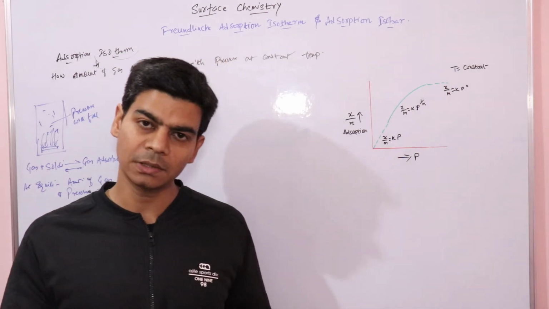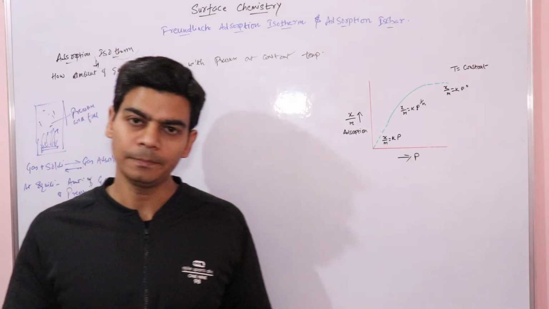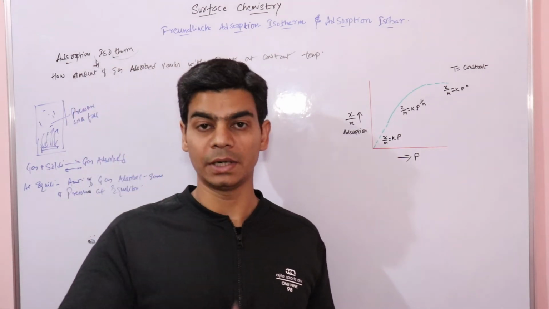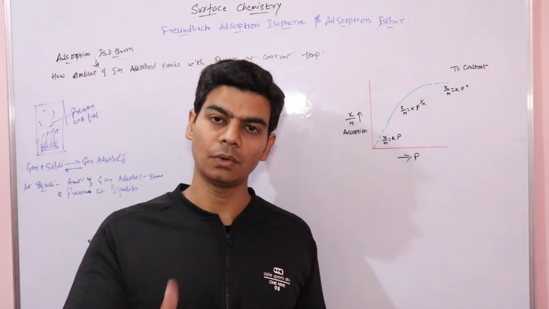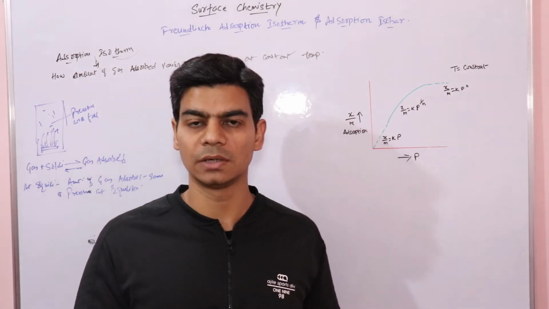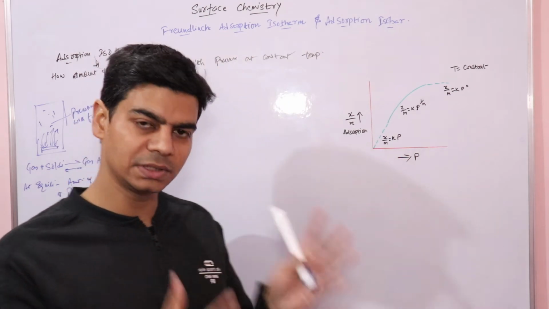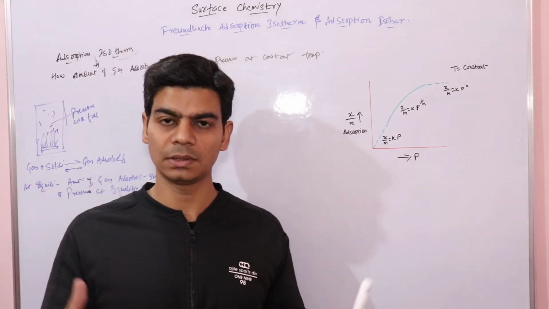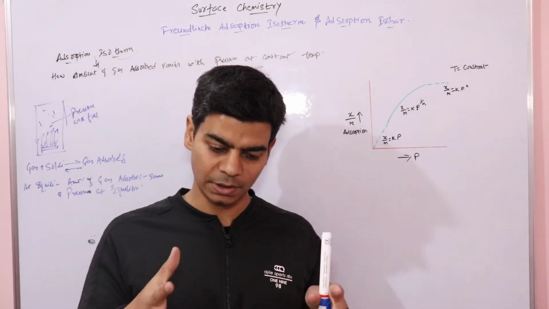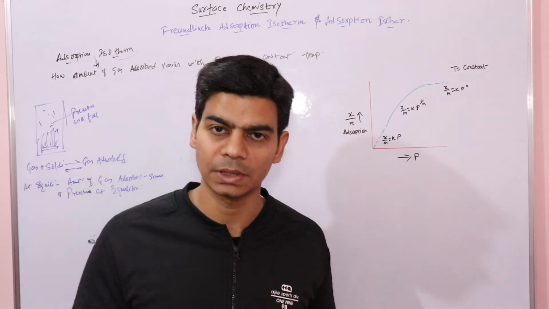And what about pressure? On increasing the pressure, the rate of adsorption will increase, or the amount of gas that gets adsorbed on the surface will increase with increase in pressure, right? Because on increasing pressure, the gas molecules will come close to one another and will get adsorbed on the surface, right?